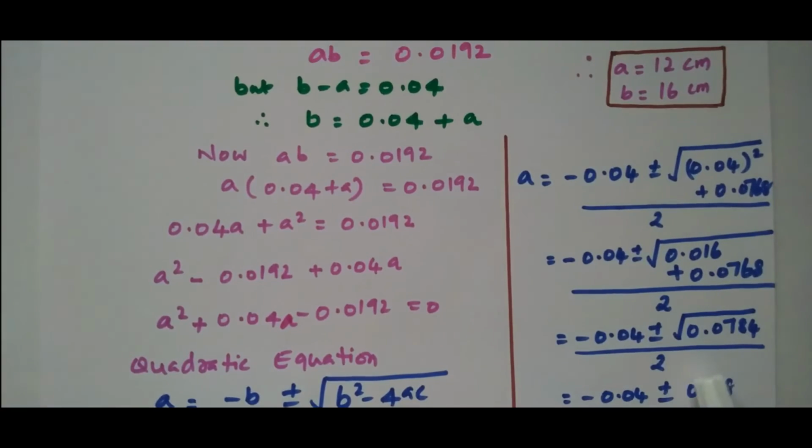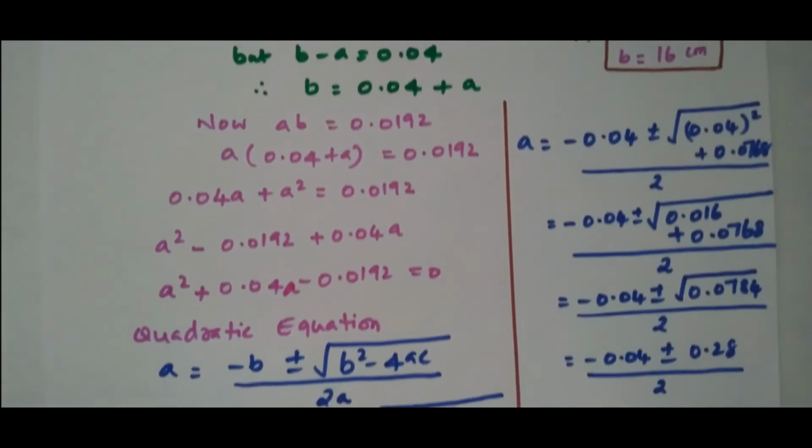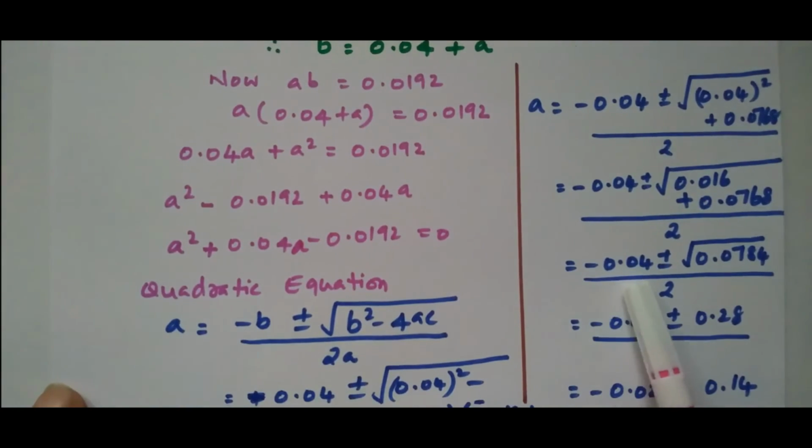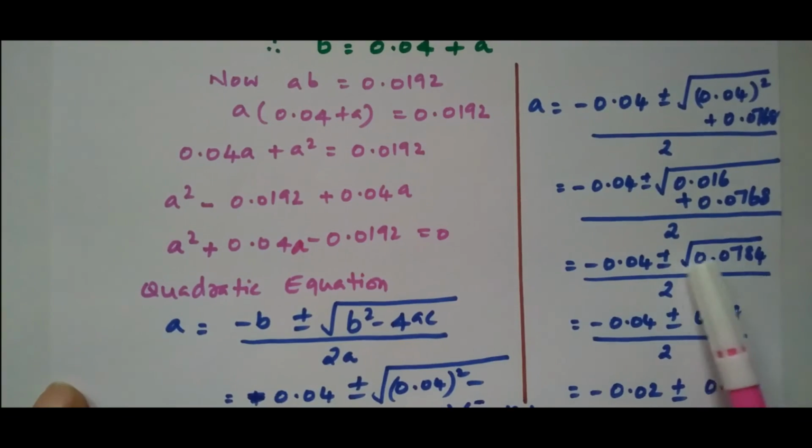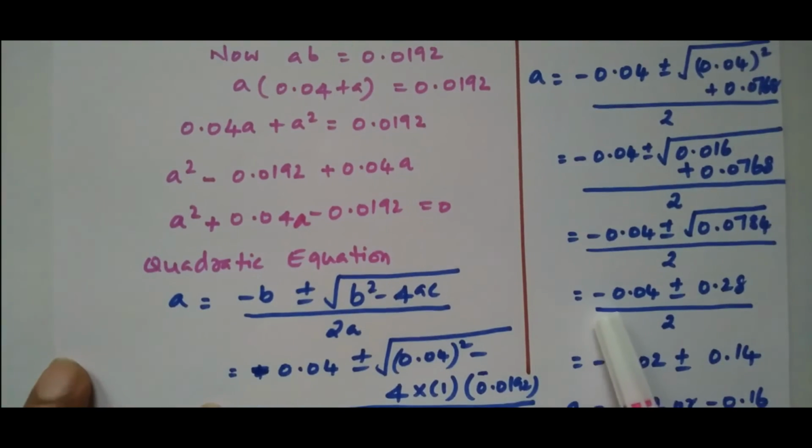divided by 2. Now both the values are added together: 0.04 plus or minus the square root of 0.0784. Taking the square root, we get minus 0.04 plus or minus 0.28, divided by 2.